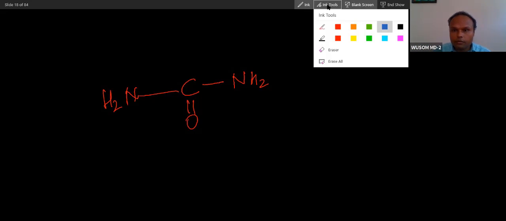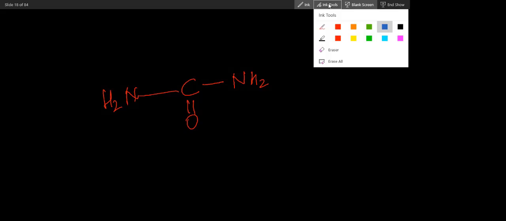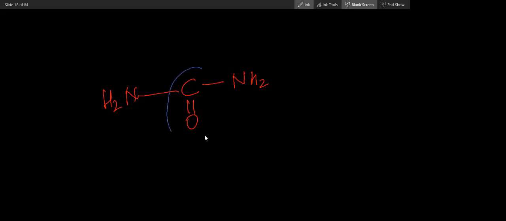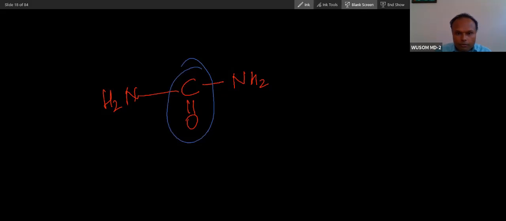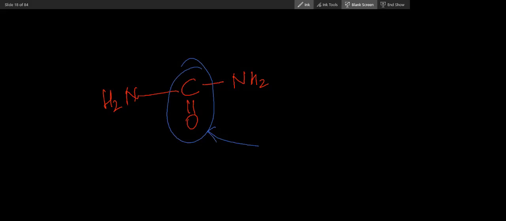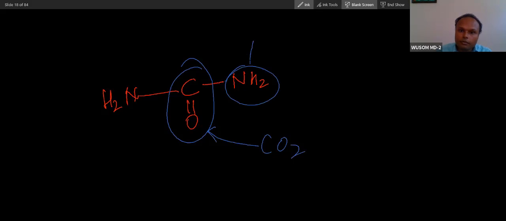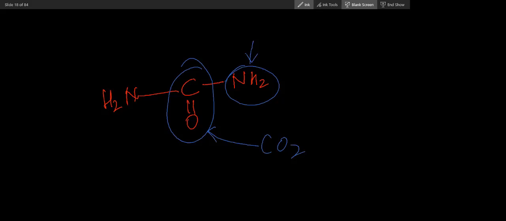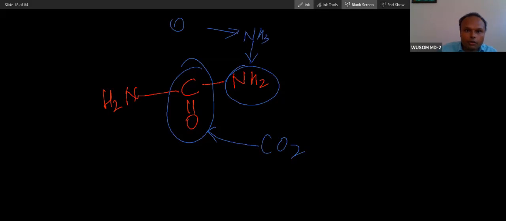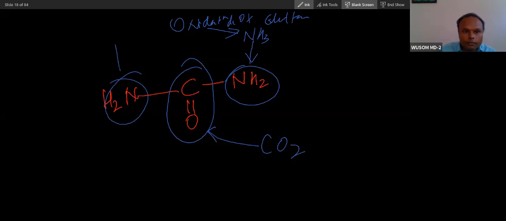So what is this derived from? CO2. And this is derived from? Oxidative deamination. NH3 from oxidative deamination of glutamate. And this is derived from? Aspartate.